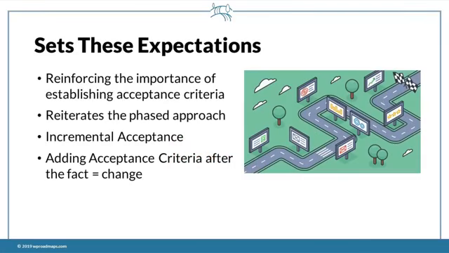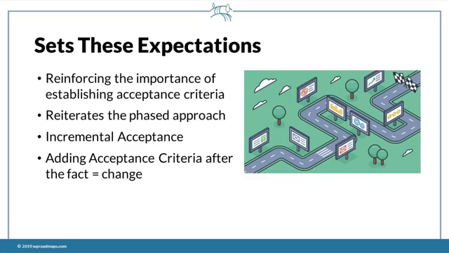And how does this set expectations for your client? Well, it reinforces the importance of establishing acceptance criteria. It reiterates the phased approach and what phases you're going to take. It shows that you're going to use incremental acceptance, and we haven't gotten into that. That'll come up a lot more when we talk about actually creating the statement of work.